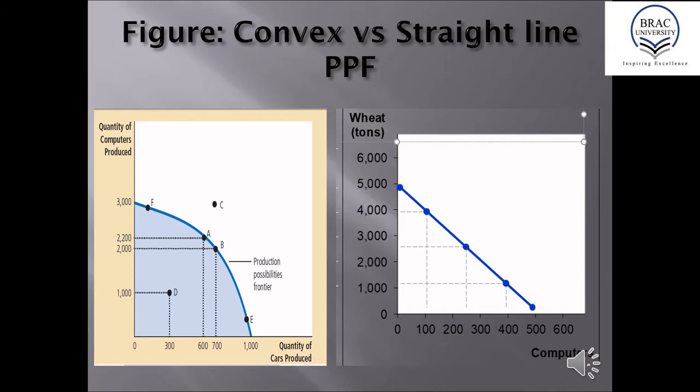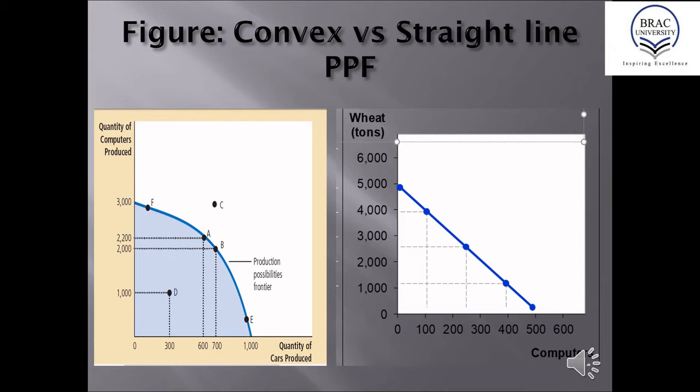So in this particular graph, the first one, you see that we have a convex PPF. Now let's check out the slope of this PPF. If we move from A to B, what is the slope?